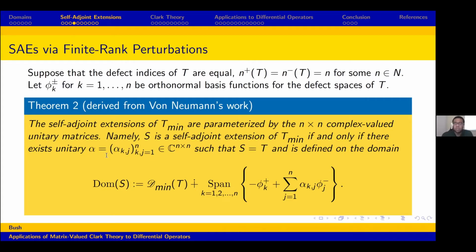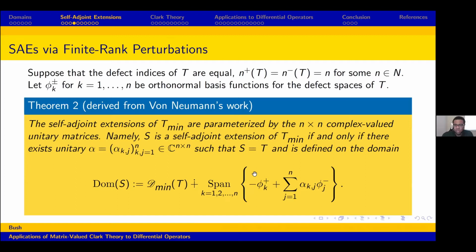So the defect index, in this case n, determines the size of the perturbation. In that example with the first derivative, which had defect indices 1, 1, alpha would be a 1 by 1 unitary, which is just a complex number on the unit circle. And then you'd only have one defect function, so it would just be phi plus alpha phi minus.